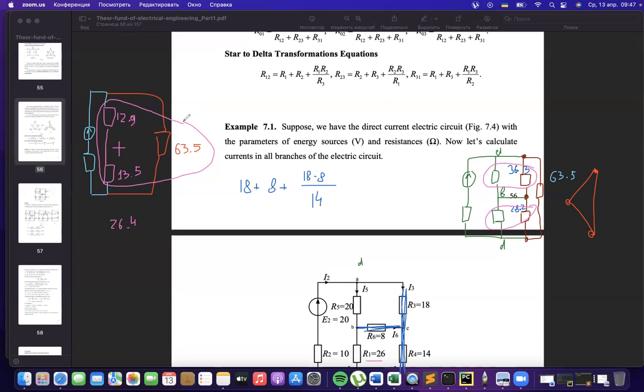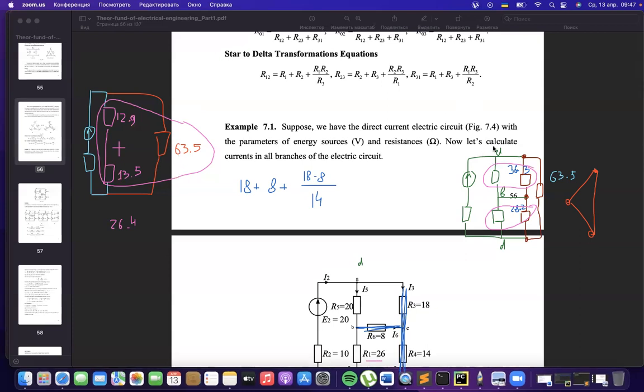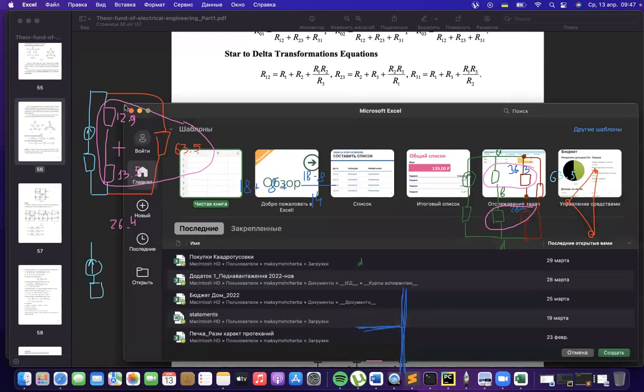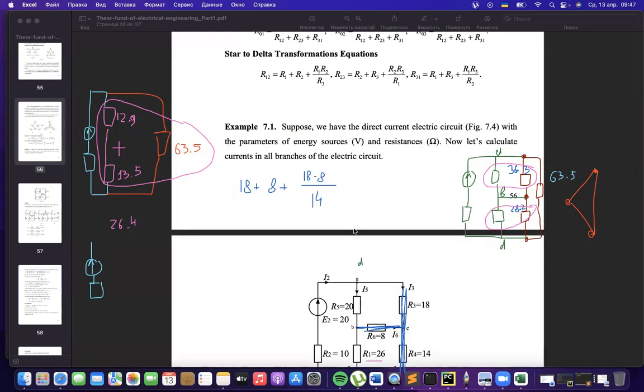It will be 18.6. Then it means that you have your voltage source with 10 ohm resistivity, and the total resistor instead of all of them, 18.6.